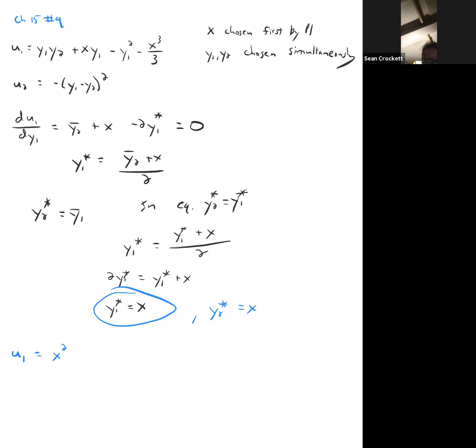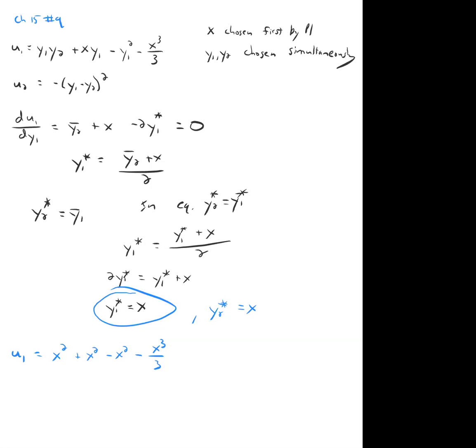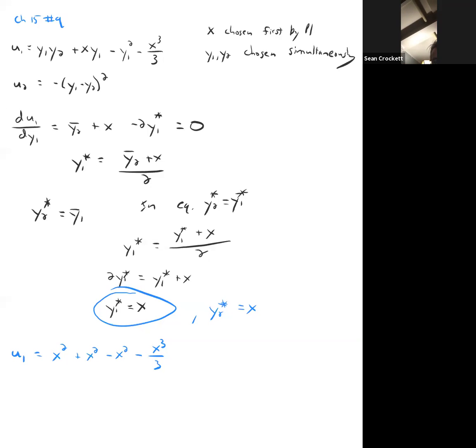So it's going to become x squared plus x squared minus x squared minus x to the third over 3. Do you understand? Yeah, because when we plug it in, it'll be the same thing. That's why they're squared now. So that's x squared plus x squared minus x squared. So that's going to be just x squared minus x to the third over 3.